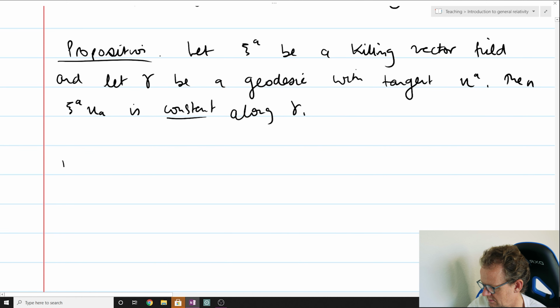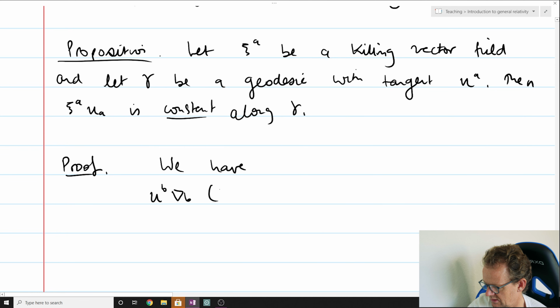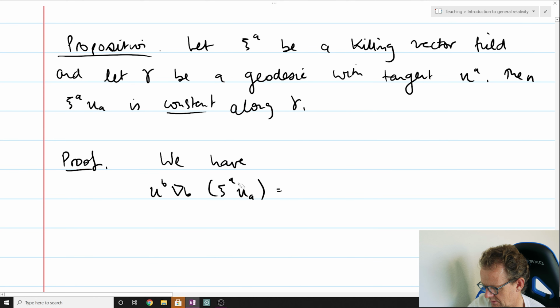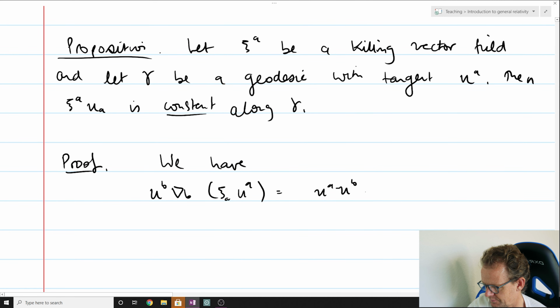And this is really simple and really easy to prove. We just apply the covariant derivative to this quantity. I'll write it the other way around. And apply the Leibniz rule, and then we'll almost be done.